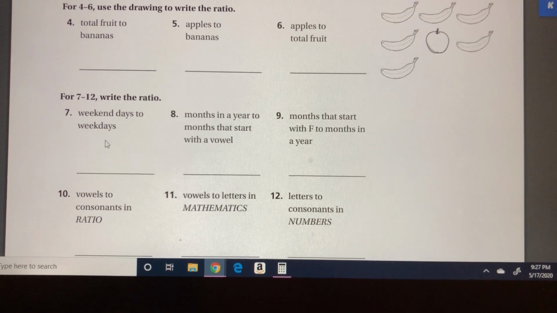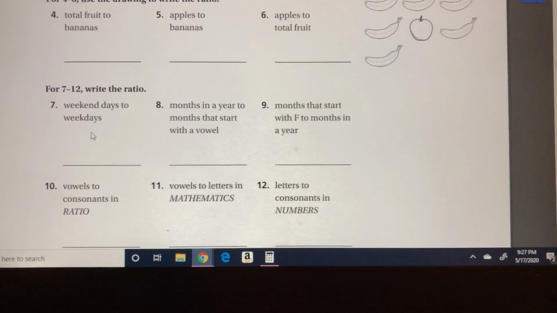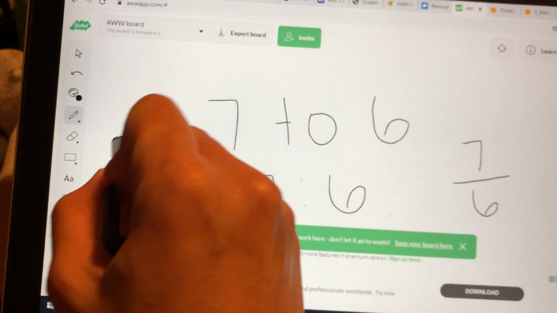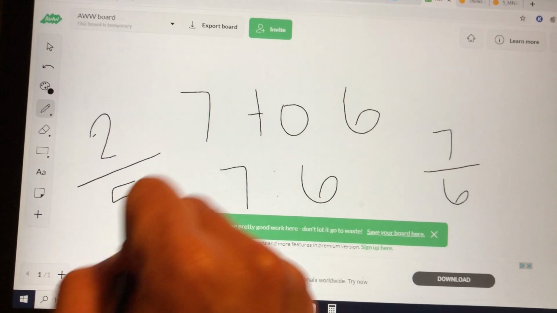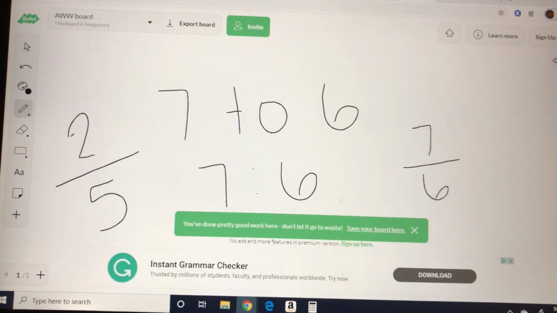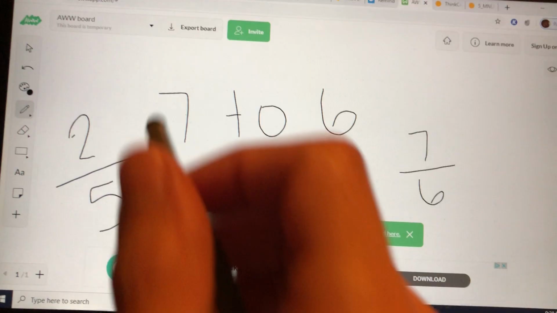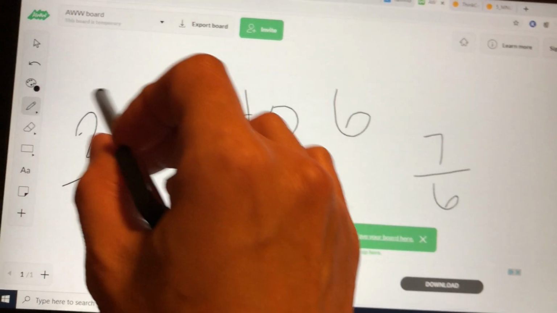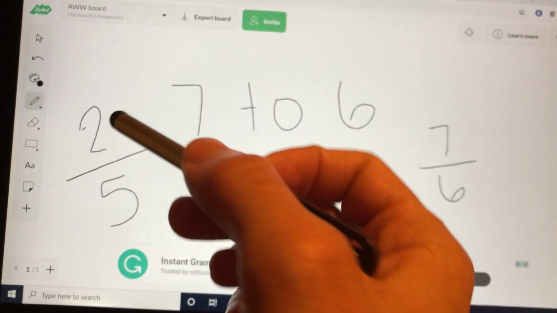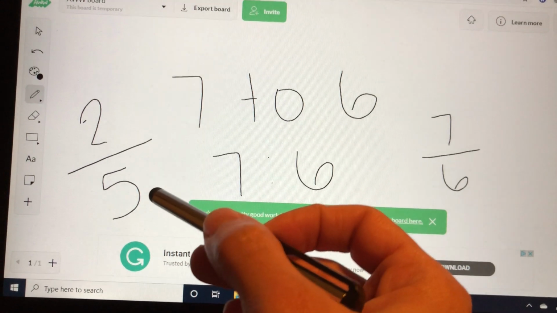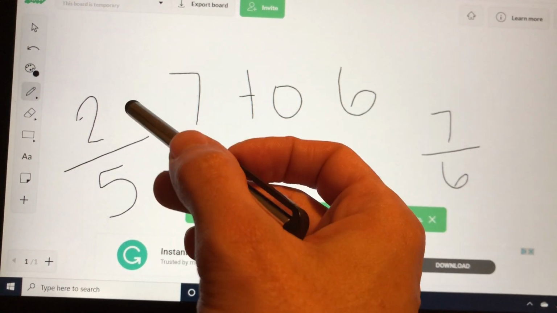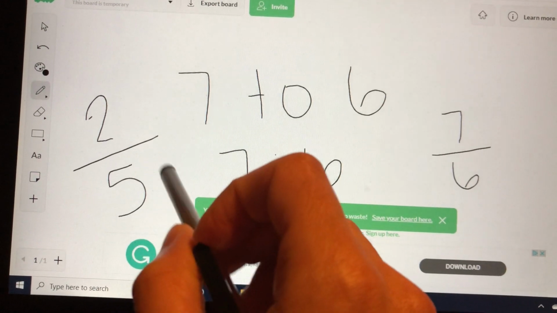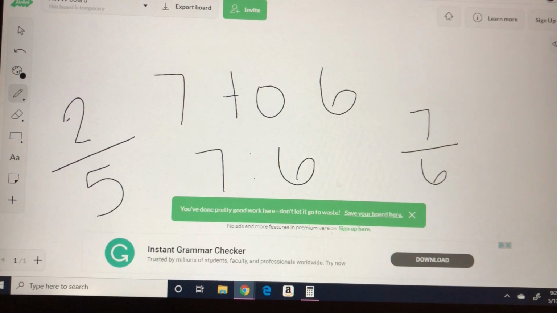So it would be 2 to 5. We can do, I'll do a fraction just to save space. 2 to 5. When you do your fractions, just in case, you always write the first number as your numerator and then the second number in the ratio as your denominator. So in this case, it wanted weekend days first, so that would be my numerator, and then my denominator would be the weekdays.